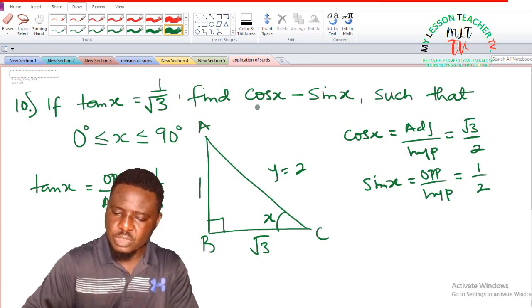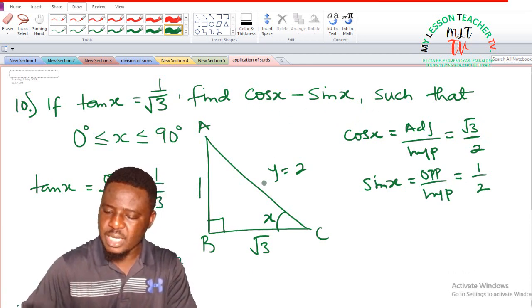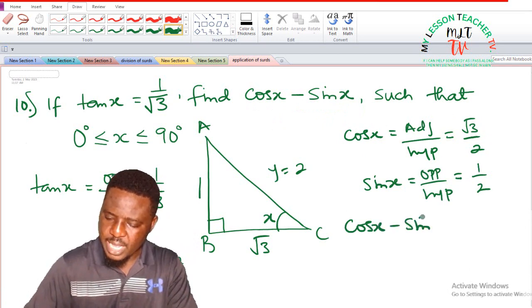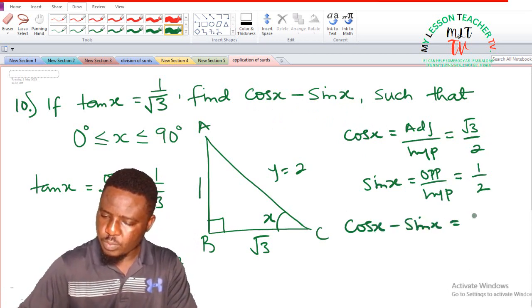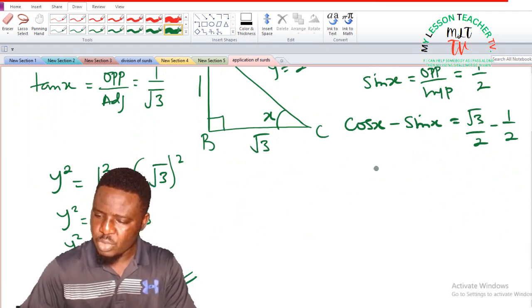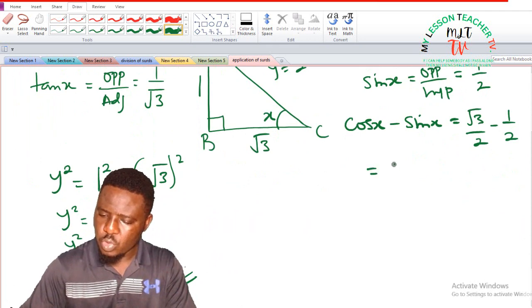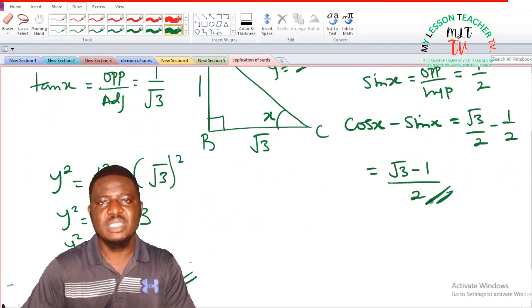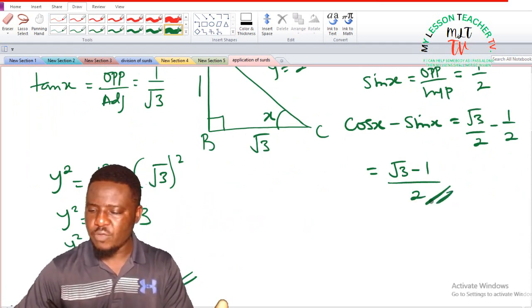So you can then substitute these values and solve. Cos x minus sine x will be equal to root 3 over 2 minus 1 over 2. And since the denominators are the same, you can subtract the numerators. This is equal to root 3 minus 1 all divided by 2. And this is your answer.